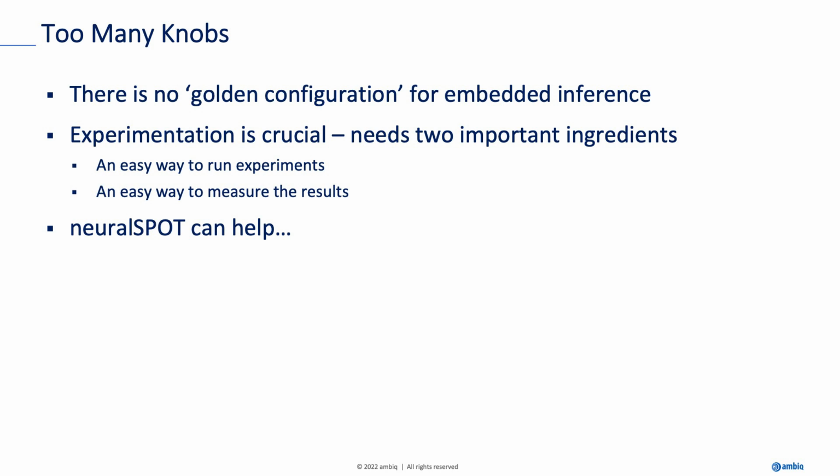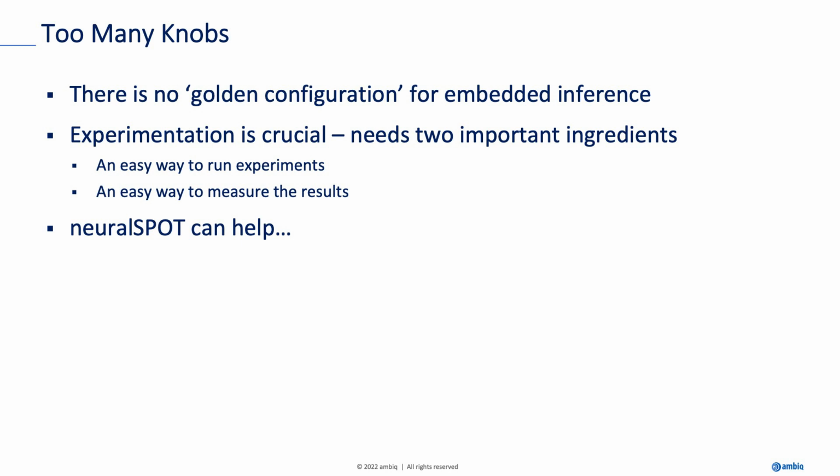Now, I just threw a lot of knobs at you, right? And the problem is they're not deterministic. There's no one optimal configuration that works for every model, every application. And so you have to experiment.